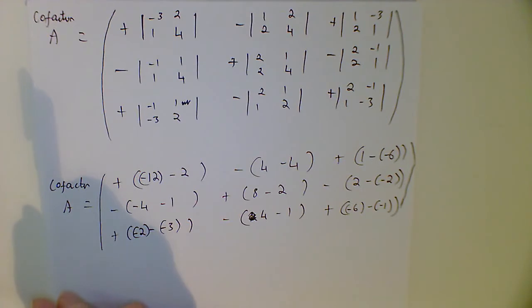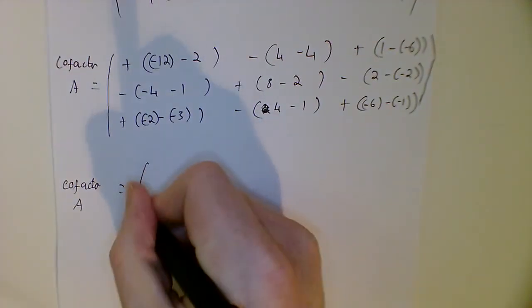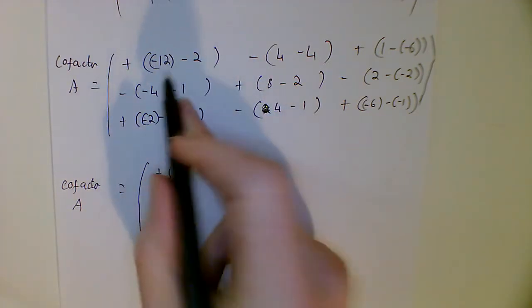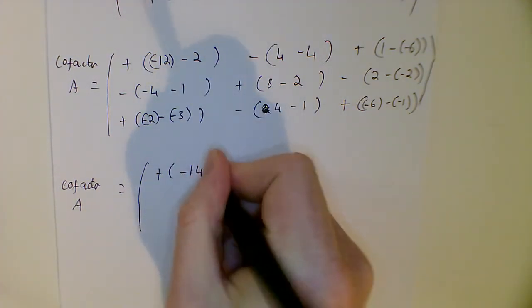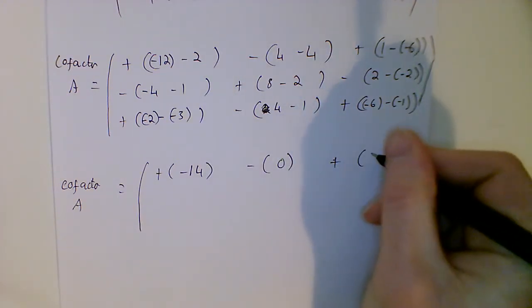Right, so now it's just a case of simplifying that down. So we've got negative 12 take away 2, it's negative 14. 0, 7.